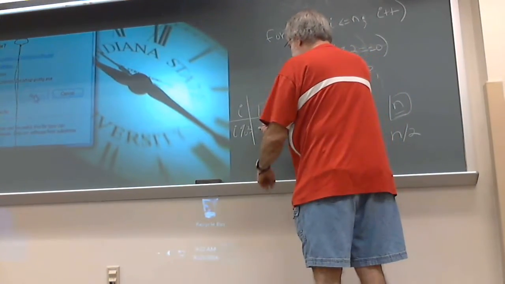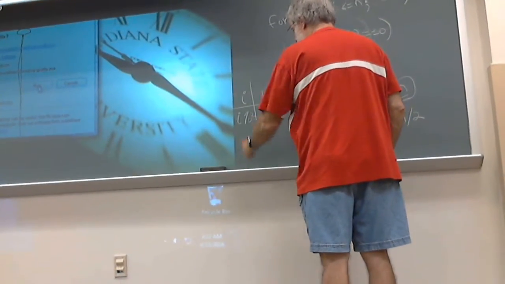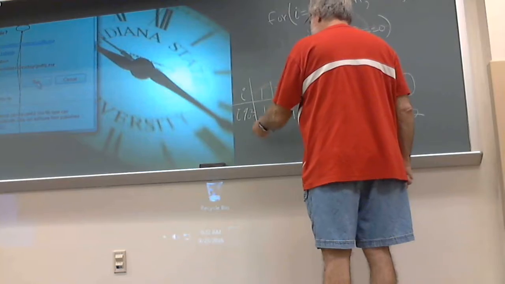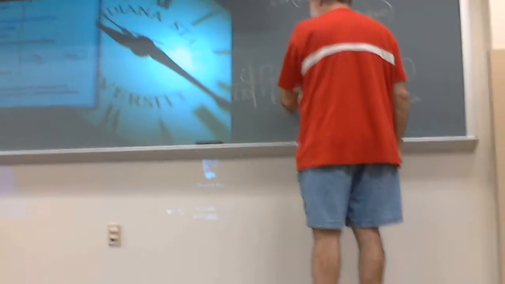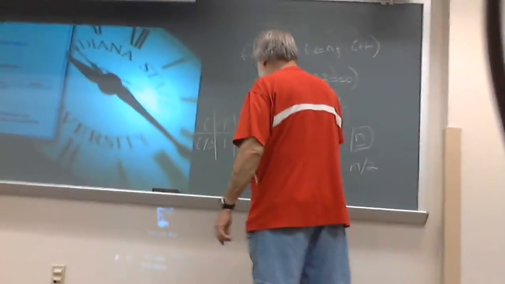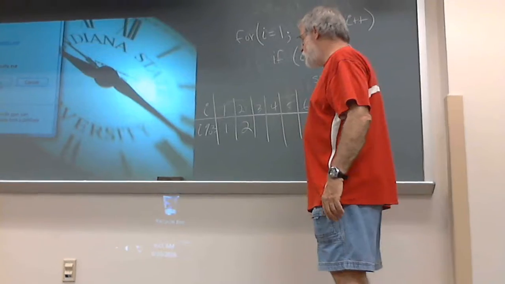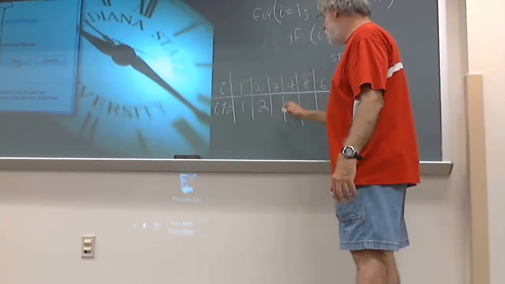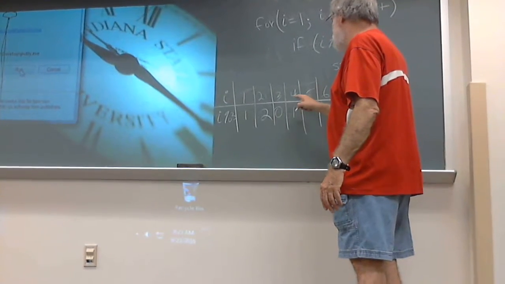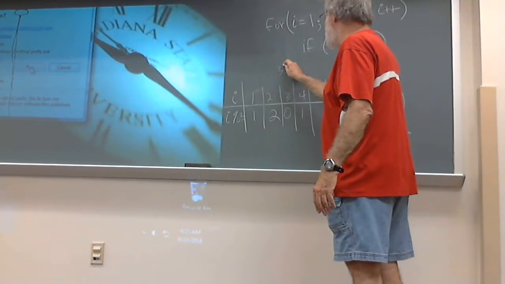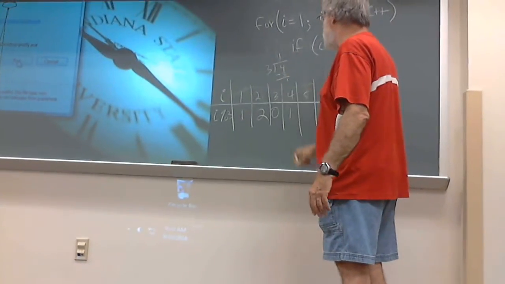Here the remainder is 1. 3 divides into 1 zero times with a remainder of 1. 3 doesn't go into 2. It goes in 0 times with a remainder of 2. 3 goes into 3 once, and what's left over? Nothing. Remainder is 0. Here the remainder is 1 again. 3 divides into 4 once, 1 times 3 is 3, and I subtract, I get a 1.